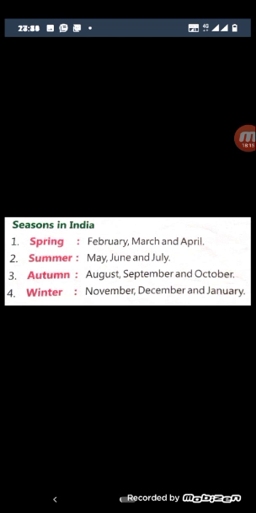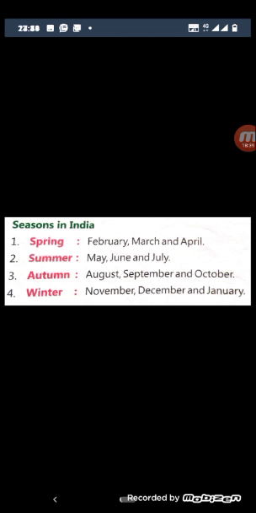Seasons in India. There are 4 main seasons in India, such as spring. It falls from February, March and April, and summer season. Months are May, June and July. Autumn, August, September and October.